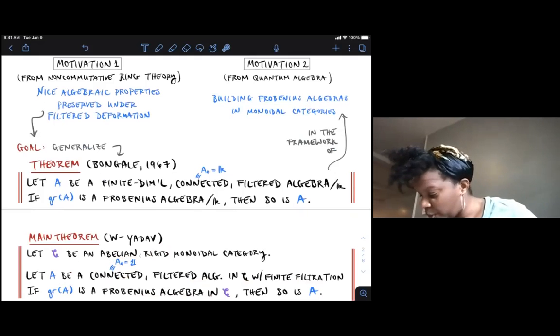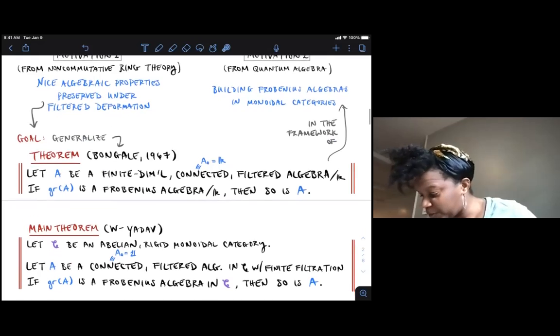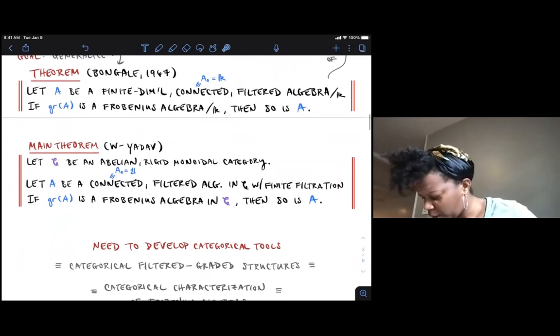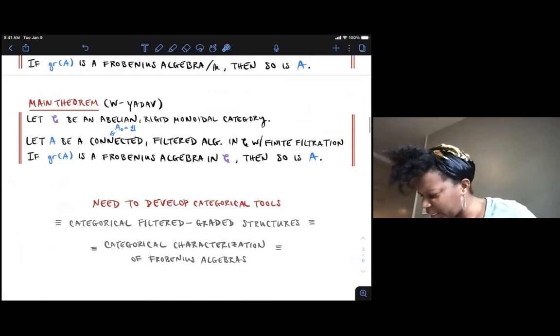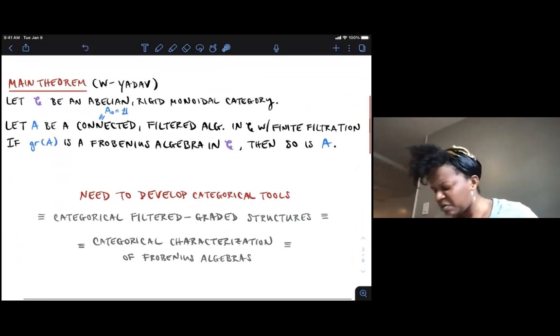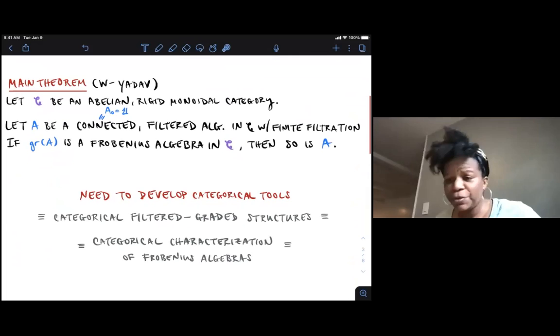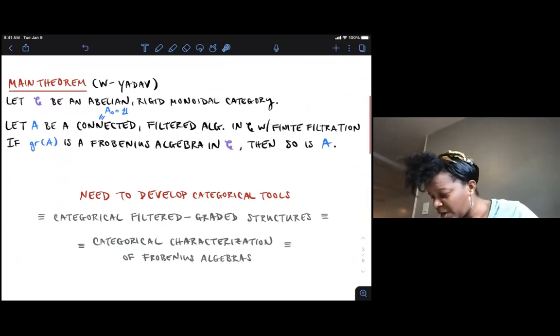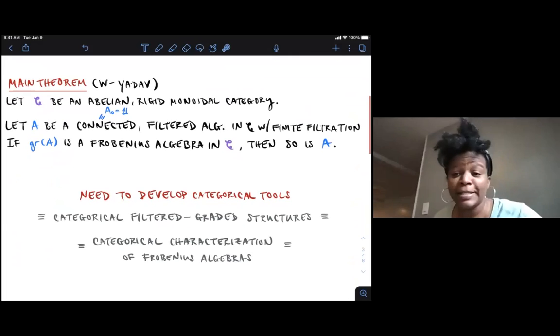All right, so in order to produce this result, we need to cook up a couple of tools to handle this. And I think these tools are of independent interest. So first of all, we need to lay out some categorical filter graded techniques in this paper. And we also need to consider another characterization of Frobenius algebras in monoidal categories.